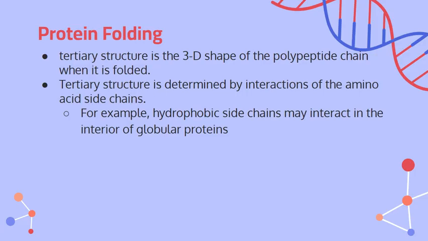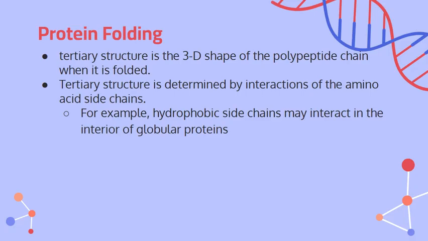Tertiary structure is the 3D shape of the polypeptide chain when it's folded. So tertiary structure is determined by interactions of amino acid side chains. For example, hydrophobic side chains may interact in the interior of globular proteins.